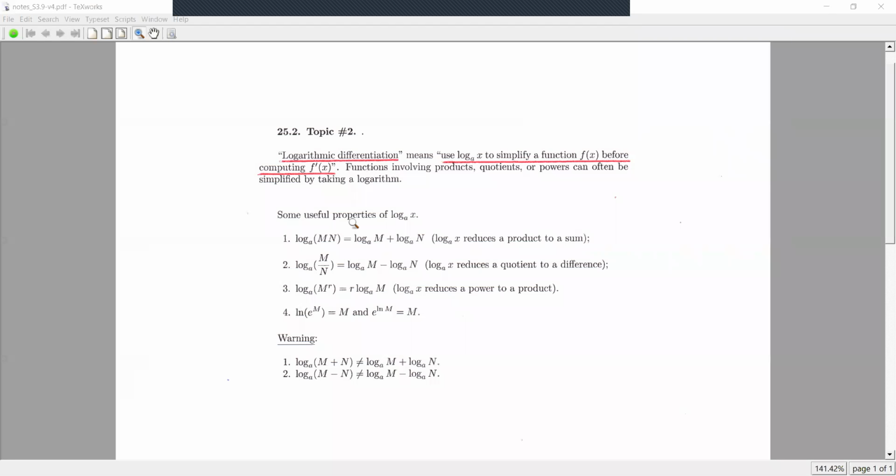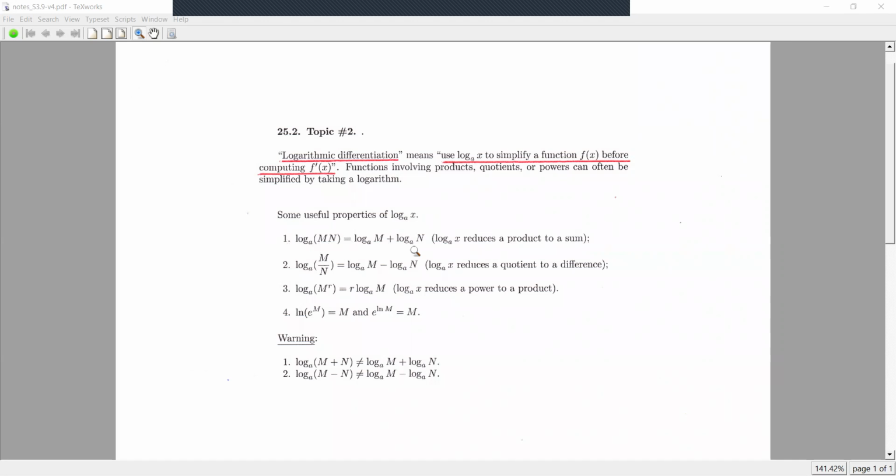Here are some properties about a log function. We use these properties in logarithmic differentiation. Property number 1, log of a product is equal to the sum of the two logs.